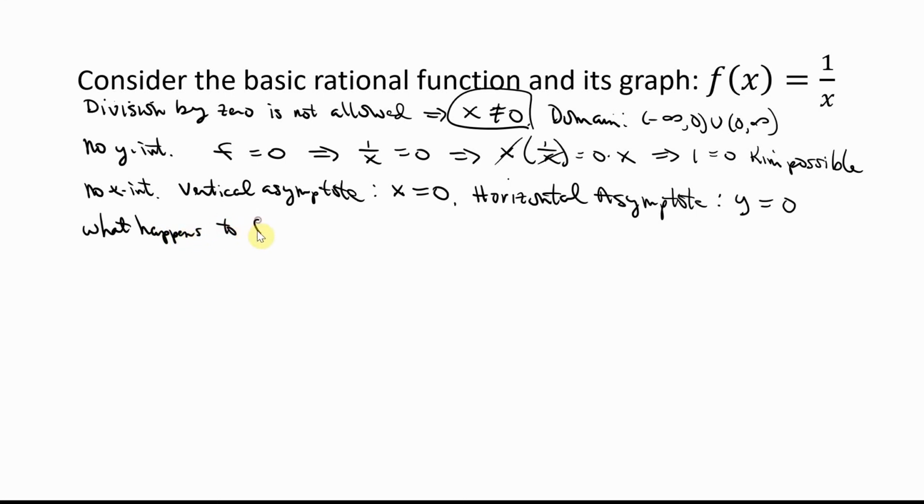What happens to f of x when x gets large? Here, no restriction, without bound on x.